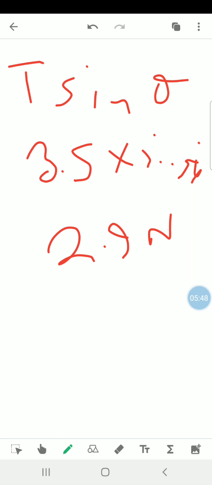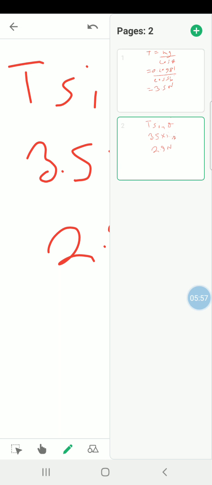But the problem here is they are not asking about the centripetal force, but they are asking about the angular velocity. Now, because they are asking for the angular velocity, you have to use an equation where you have the force, because we know force. We just found force to be 2.9.